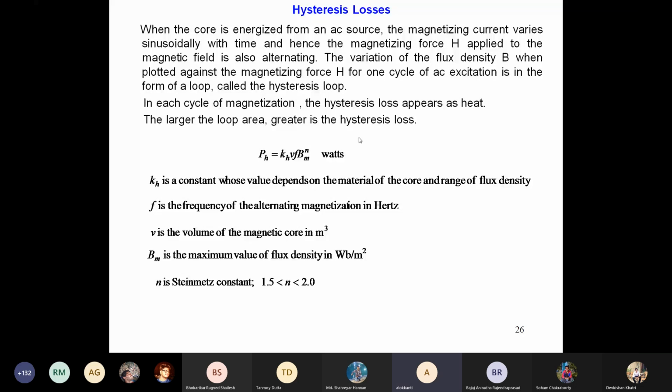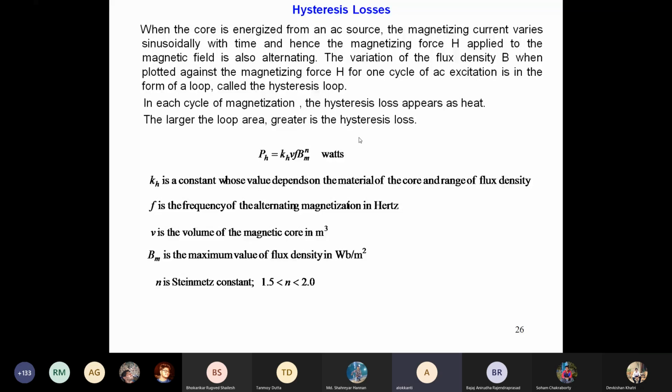So for this hysteresis loss, we don't want to spend much time. We have explained this phenomenon and introduced this Steinmetz equation for hysteresis loss: KH, volume V, frequency f, Bm to the power n.